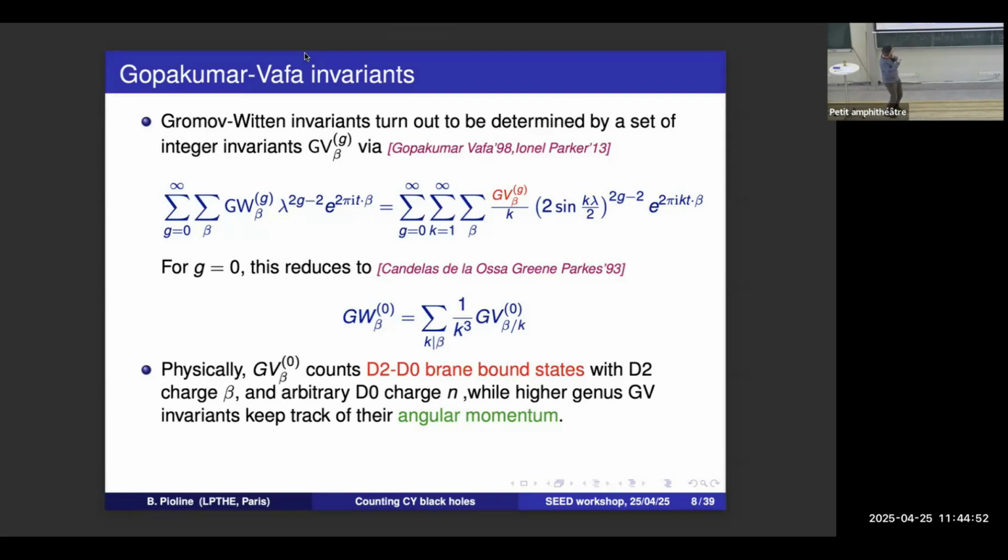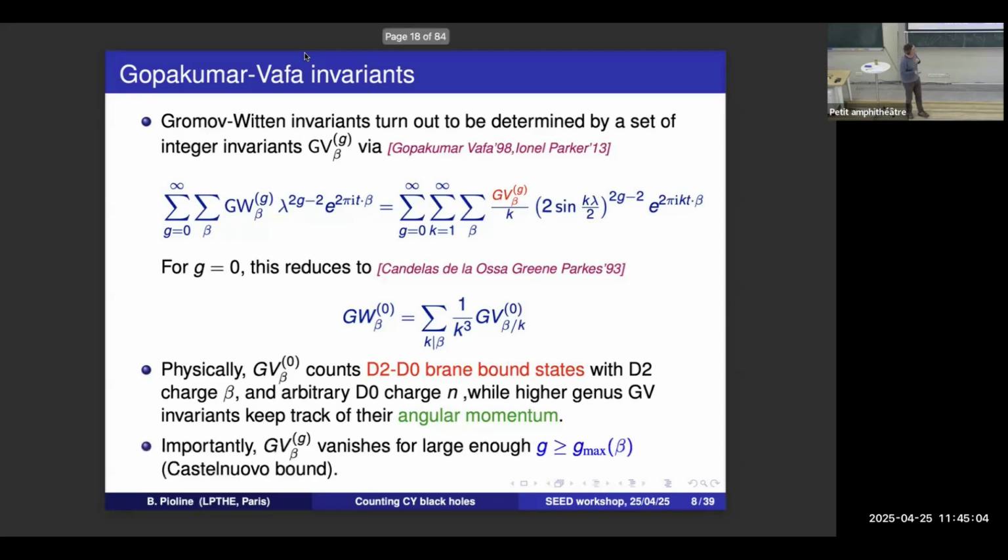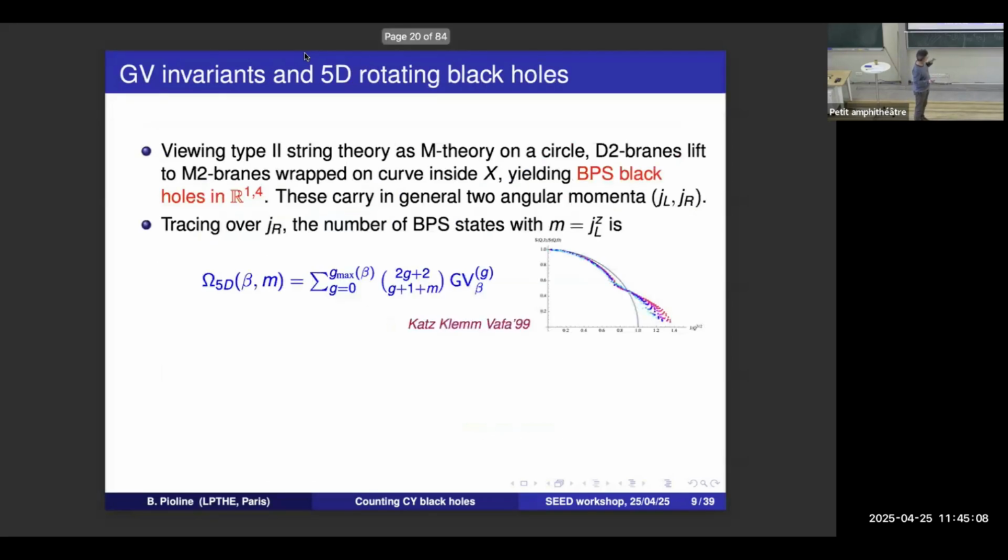And it's also rather important that the counting in that case depends only on this curve class beta, and does not depend on the D0 brane charge. Okay, I hope I'm not going into too much technicalities, but it's a bit hard to avoid them. So this is counting these D2, D0 branes on the Calabi-Yau. They are wrapped on some curve.